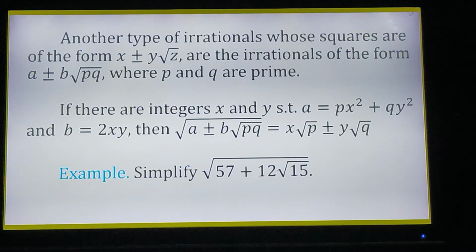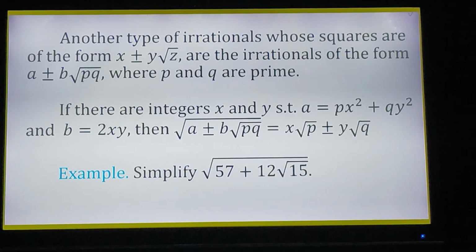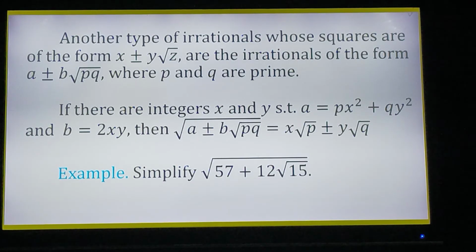If there are integers x and y such that a is equal to p x squared plus q y squared, so a square multiple of p and a square multiple of q, and b is equal to 2 times x times y, then the square root of a plus or minus b square root of pq can be written as x times the square root of p plus or minus y times the square root of q.